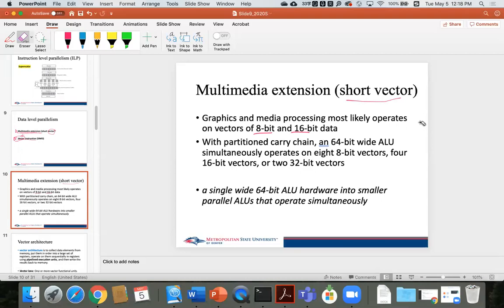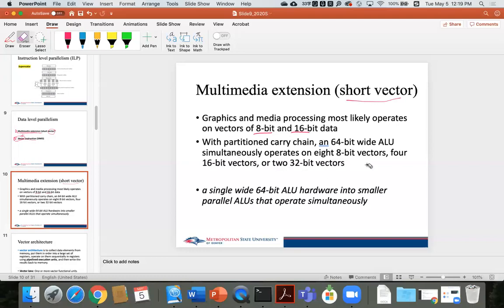For example, you need to add a certain number to all of them, divide them by a certain number to perform normalization, or perform a Fourier transform for all the pixels. As they all perform the same calculation and each of them is short, multimedia extension came out. It's a special type of instruction or special type of architecture.